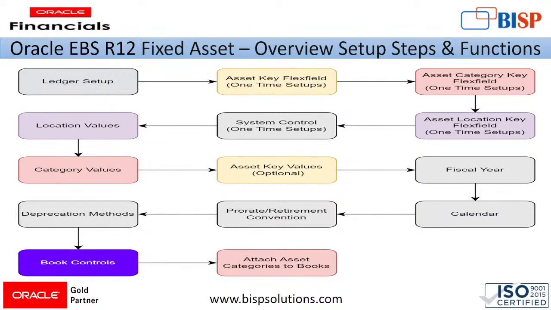The basic functions of Oracle Assets are to record assets manually or through mass addition, update the changes if any using mass transactions, run the depreciation program as per the depreciation calendar, generate the accounting entries, and transfer the data to GL.